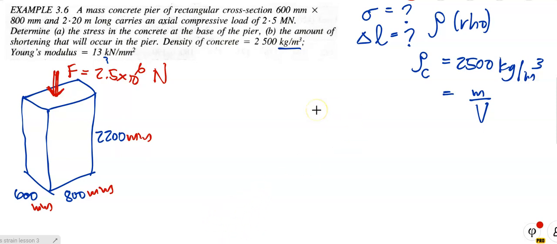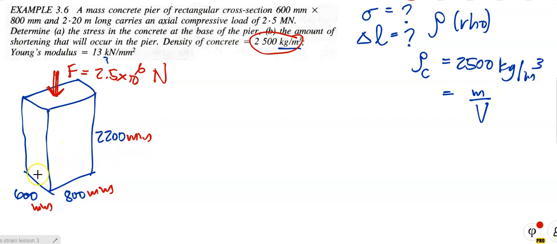Right, the pier carries a load of that there. Determine the stress in the concrete. Now, it's given us this over here. Why do you think that? Because concrete has a weight. So we're going to have to work out the weight of the concrete pier, given that over there. When you work out the weight, we're actually turning the weight into a force, because weight is a force. Once we have the weight of the concrete and the force acting, we can add the weight to the force, and that will be equal to the total downward load acting on the pier.